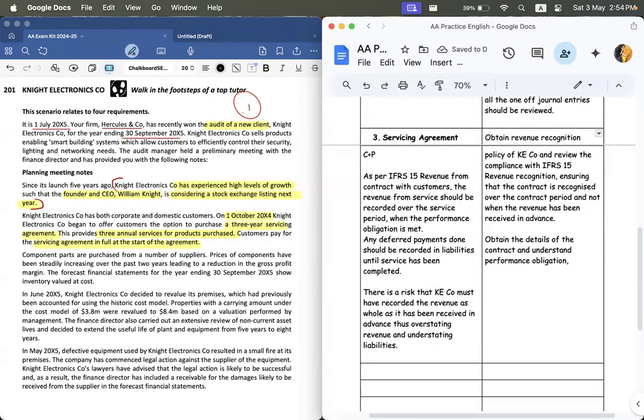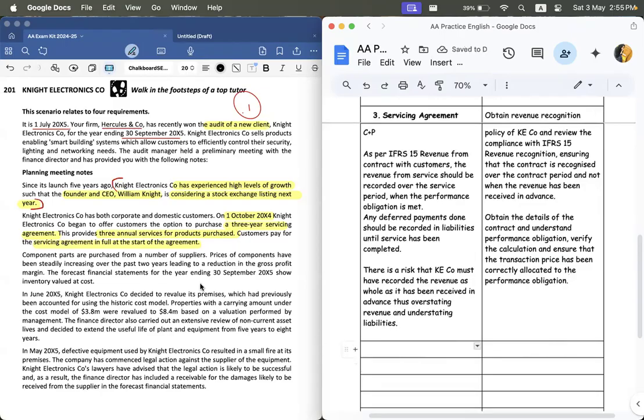That is why I'm directly asking you. So you're going to obtain the details of the contract and understand the performance obligation, verify the calculations of the transaction price, and ensure that the transaction price has been correctly allocated to the performance obligations. Okay, clear now?